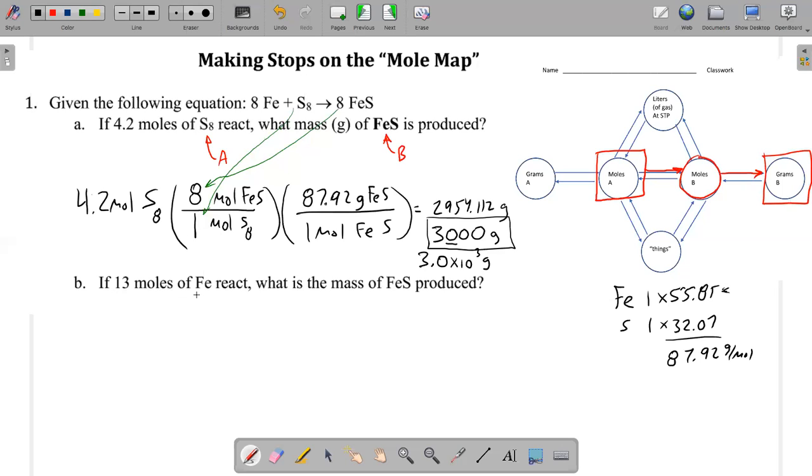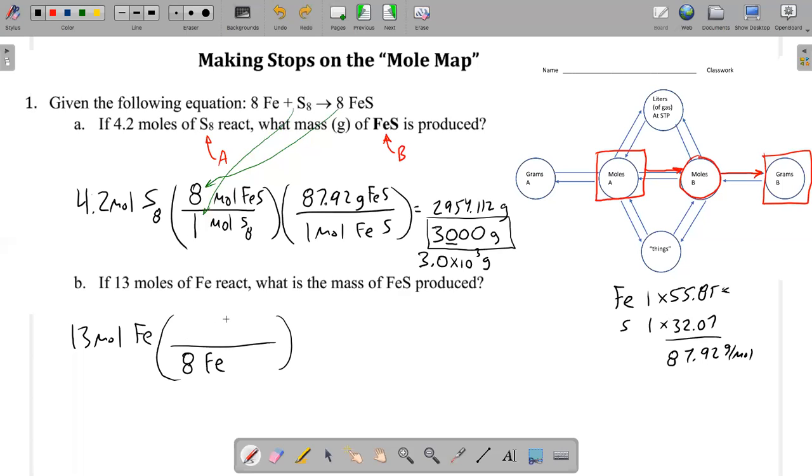If instead 13 moles of iron react, let's kind of start over, and we're trying to figure out the mass of iron sulfide. It's the same deal, but we're beginning with a different chemical. In the reaction, for every 8 irons, you get 8 iron sulfides.